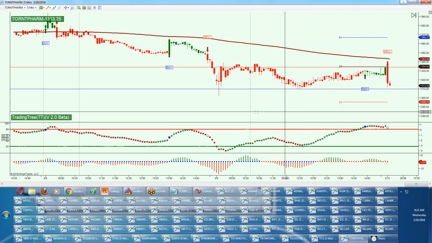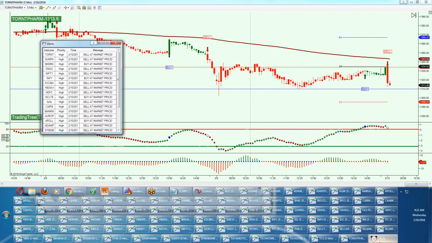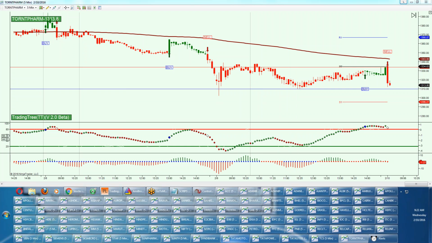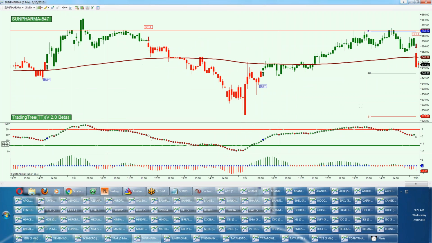So I'll just draw a line there. And then we have Sun Pharma. Since we have this PP as the support, we will try to take a call right below that. So I'm just drawing a line for that.